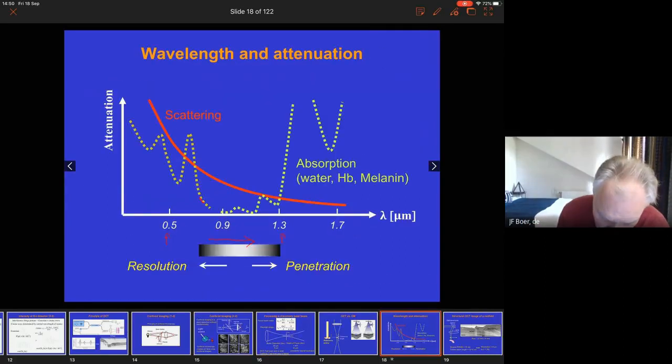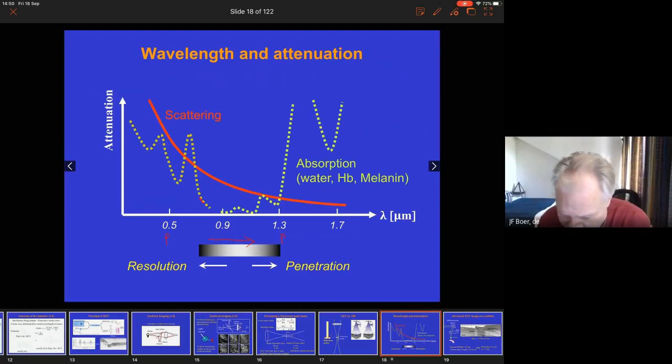So if we go to the longer wavelength OCT, let's say 1.3 micron or even 1.7 micron, we can get deeper in tissue, but we lose resolution. If you go to the very short wavelength OCT, 500 nanometers or 300 nanometers, we increase resolution, but the scattering increases a lot, which diminishes how deep we can look into tissue.